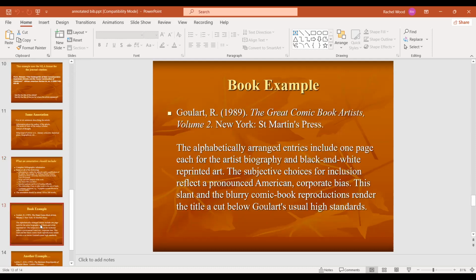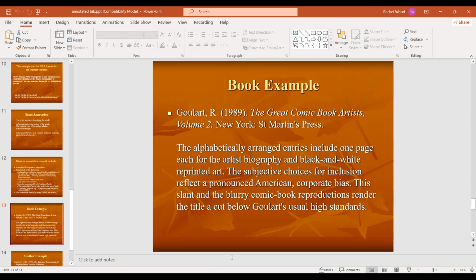So I'm just going to show you a book example of an annotation. This is from 1989. It's on The Great Comic Book Artists, volume 2. It was published by St. Martin's Press, which is a reputable press company. And then you can see the annotation that I have here. It begins underneath it. It says the alphabetically arranged entries include one page each for the artist biography, and black and white reprinted art. The subjective choices for inclusion reflect a pronounced American corporate bias.